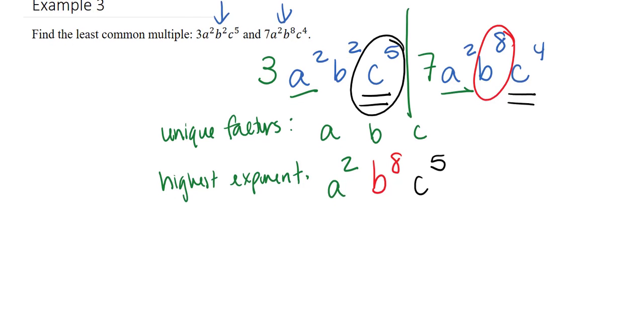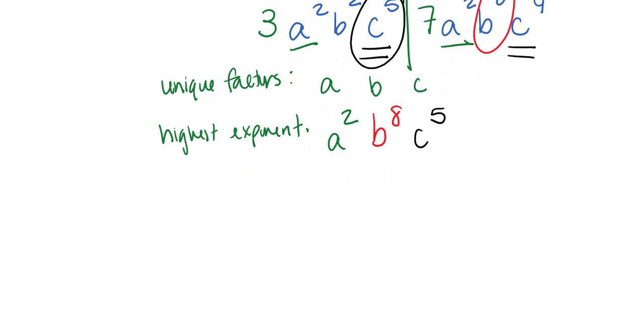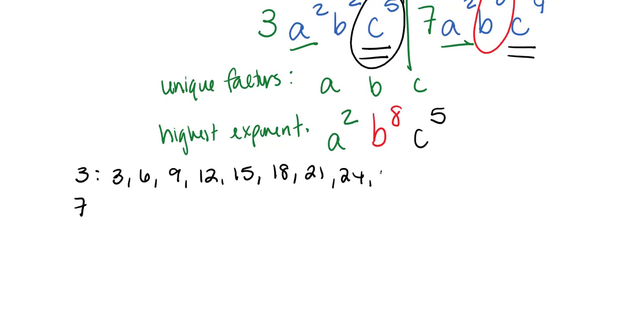Now we need to find the least common multiple between the two numbers. So let's look. We have 3, 6, 9, 12, 15, 18, 21, 24, 27. We'll stop there. 7, 14, 21, and 28. Let's just stop there.